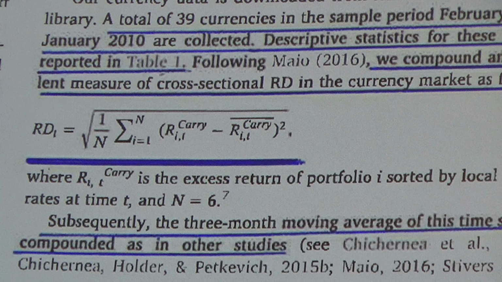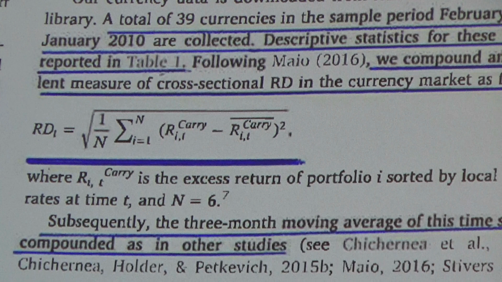So it's a cross-sectional standard deviation. And instead of portfolios as inputs for our estimator of the cross-sectional return dispersion, we could also use the currencies themselves. Then n would be 39 instead of 6. We would subtract the sample average of our 39 currencies at each point in time from the corresponding return for each currency, square it, sum it up over our 39 currencies given time t, and take the standard deviation.